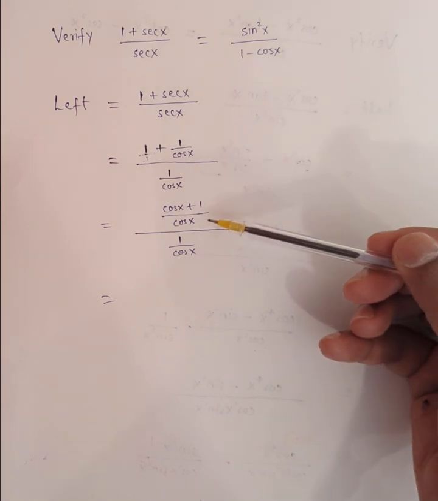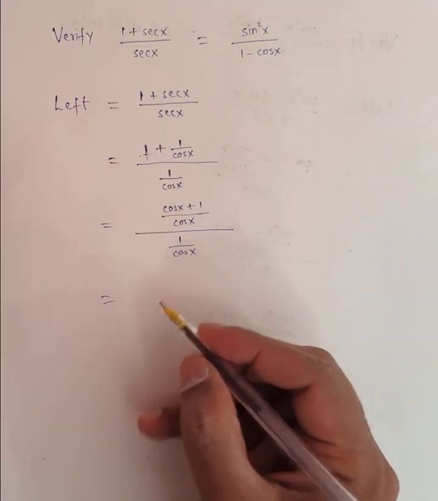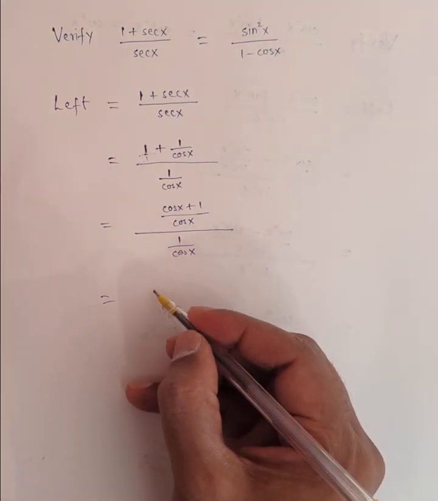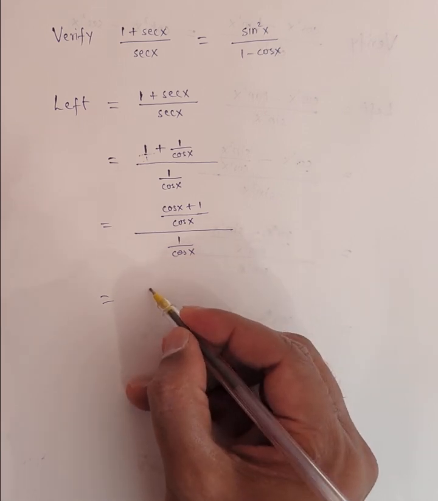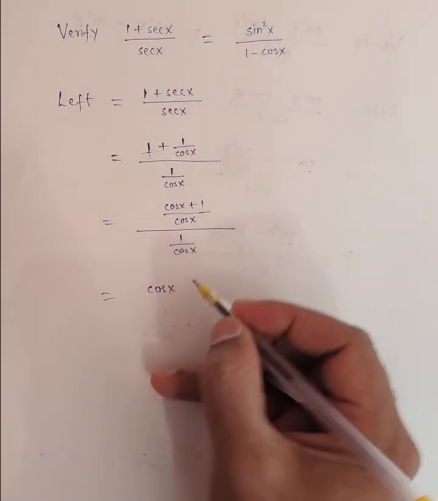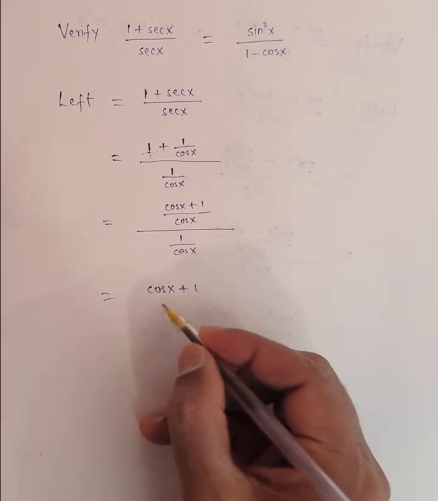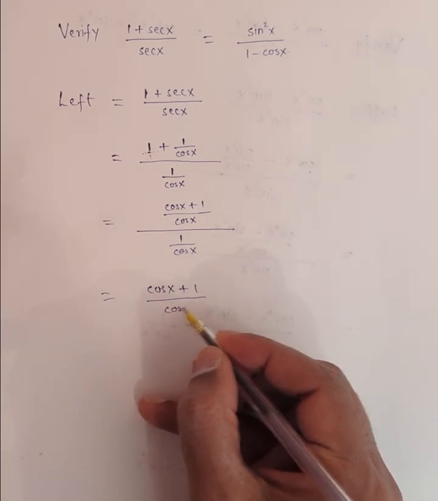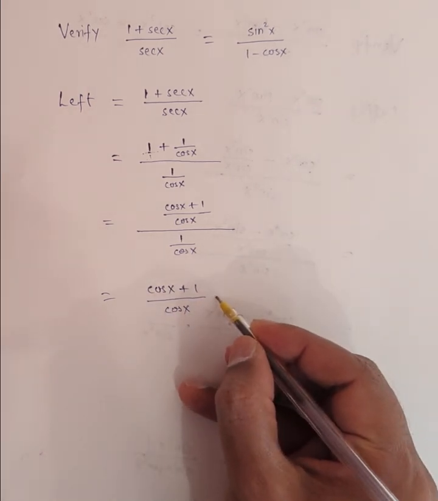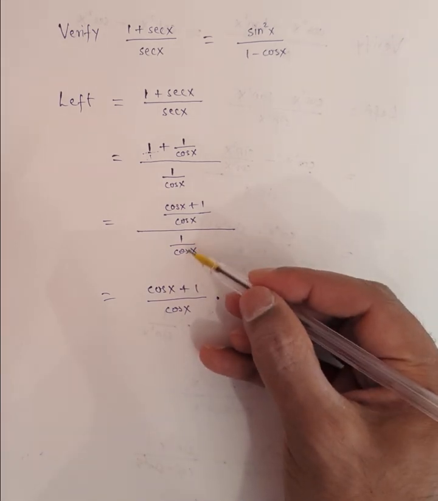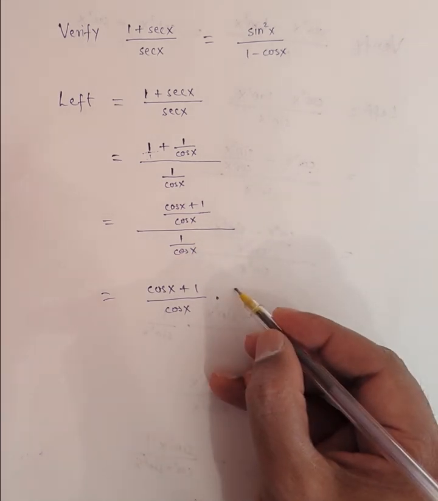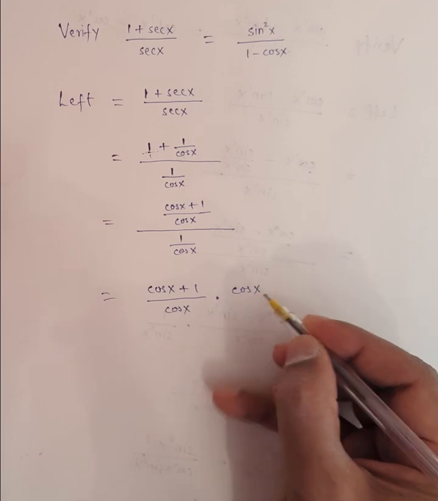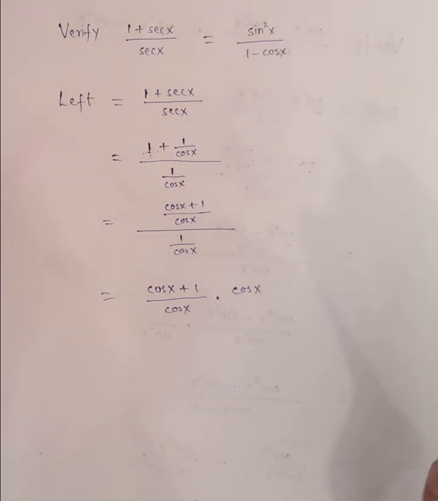So we are dividing one fraction by another. And we learned in algebra that if you want to divide a fraction by another, you keep the numerator the same over cos x and you flip the second fraction, because dividing by something is the same as multiplying by its reciprocal.